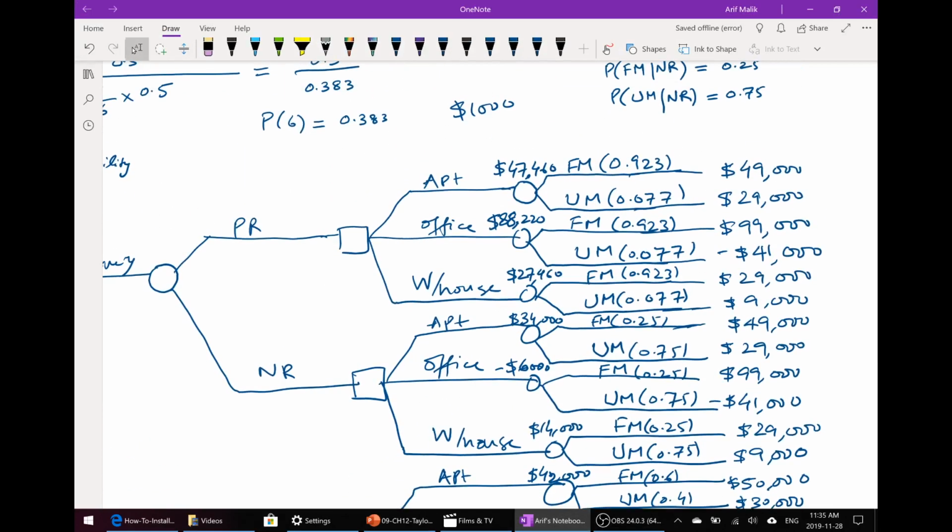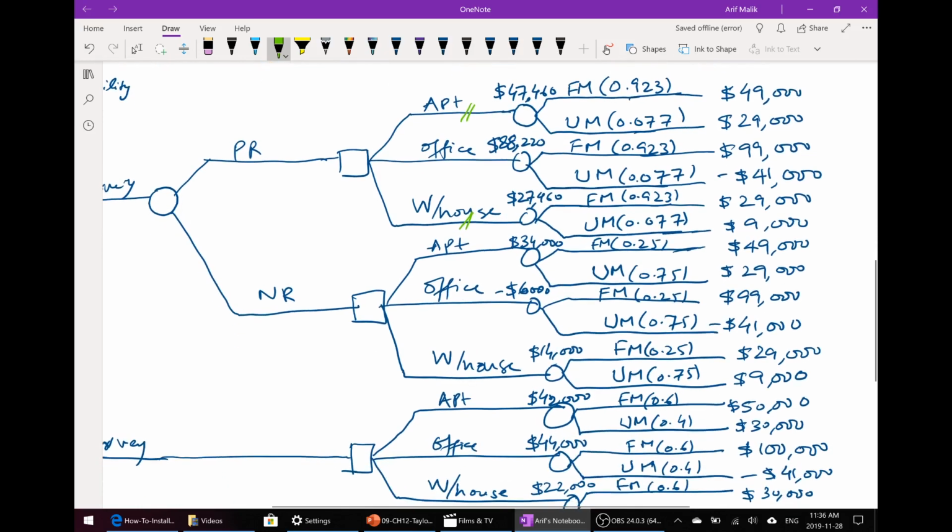Now you can see we have to pick the best alternative in each state coming here. When the positive report is there, then the best alternative is office. So we discard this apartment. Let me use another color, let's say green. Okay, so we discard apartment and warehouse. All right.